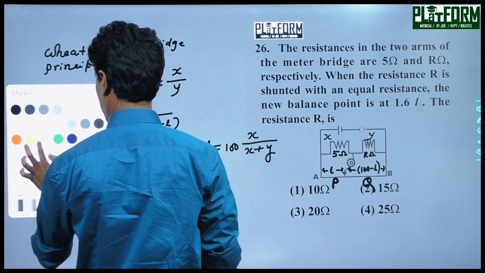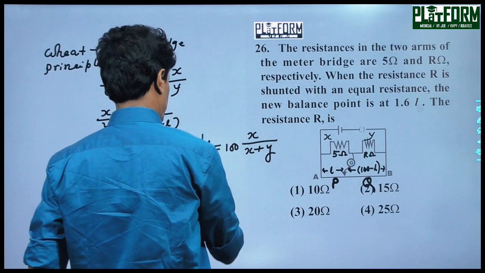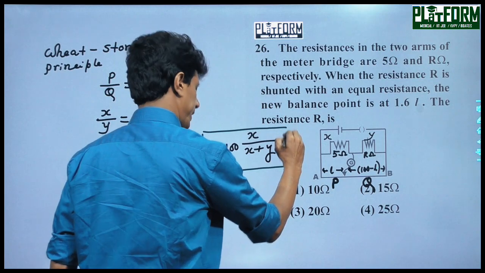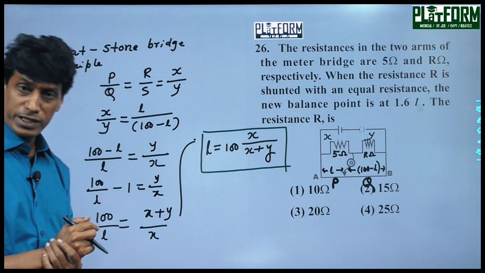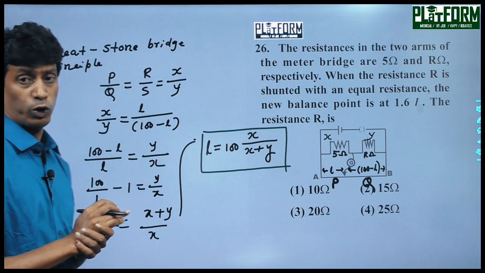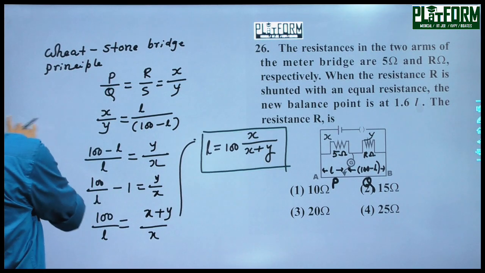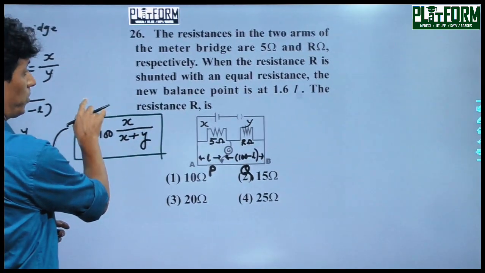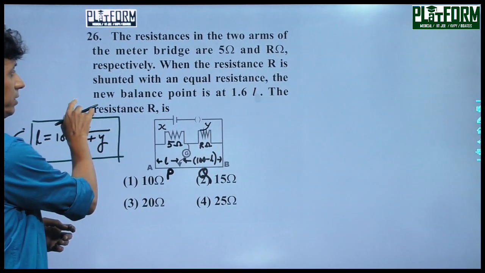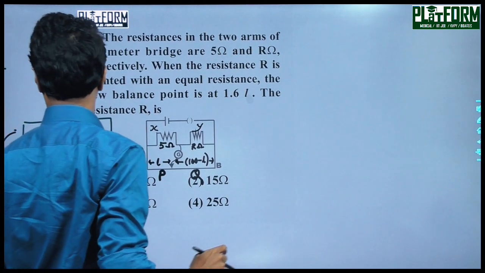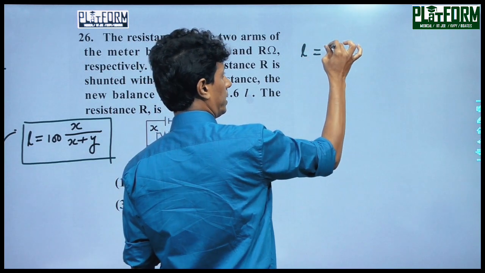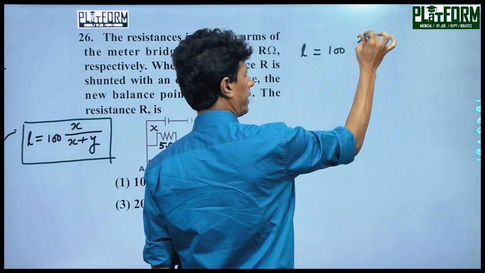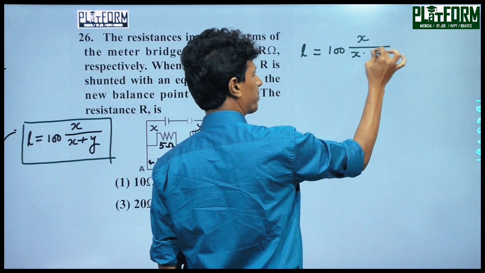L is the length of the null point or balance point in the meter bridge on the basis of the Wheatstone bridge principle. So in this way the problem can be solved easily if we take this formula, 100 X by X plus Y.